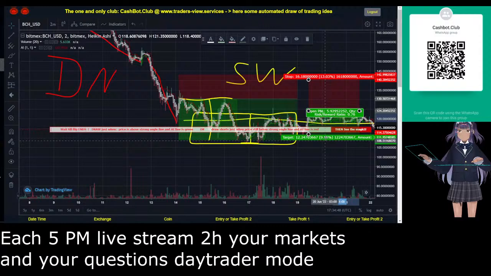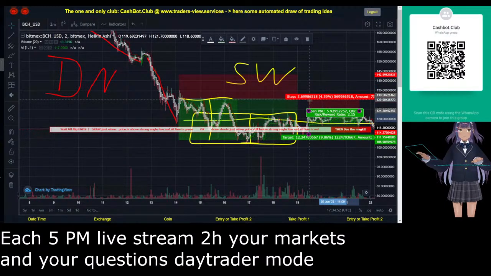So we have in the second move more than at BTC. So 4, 5 around.